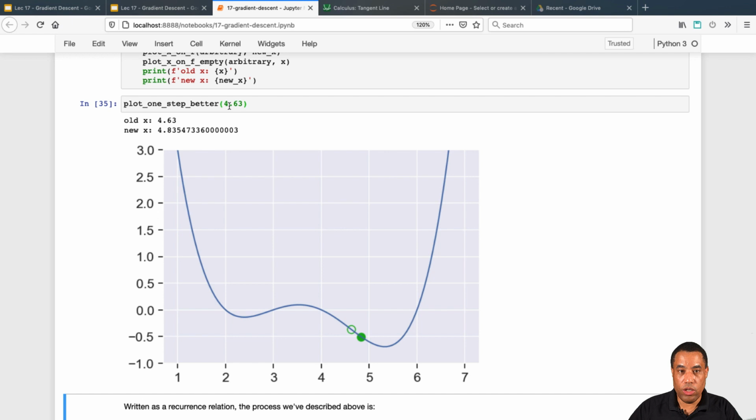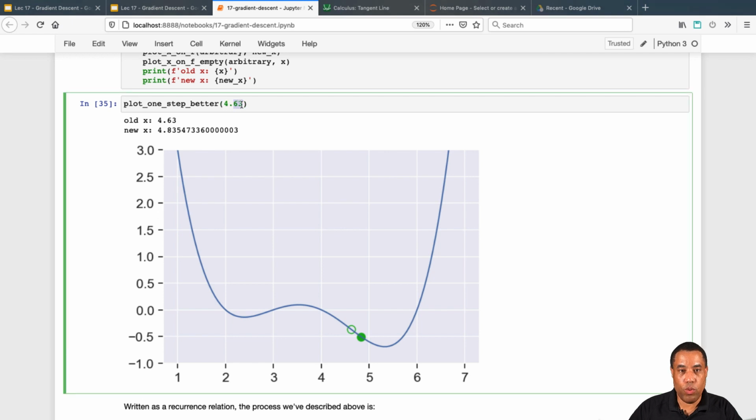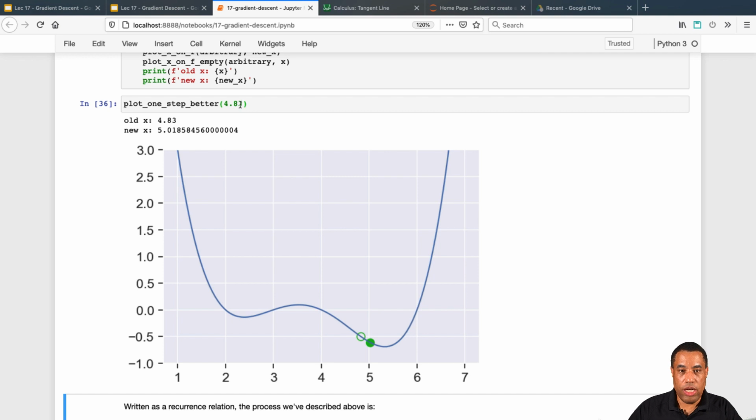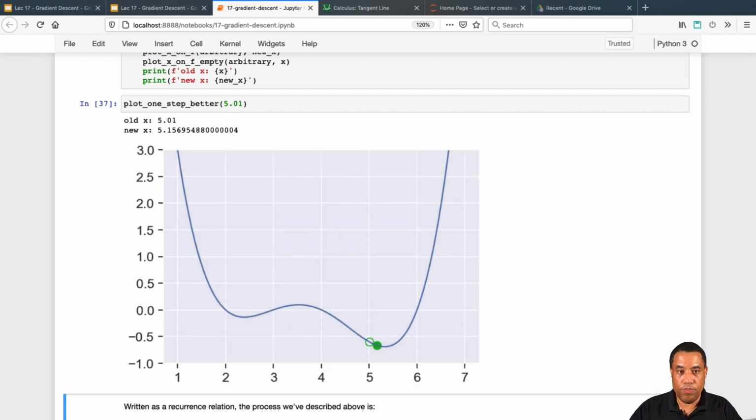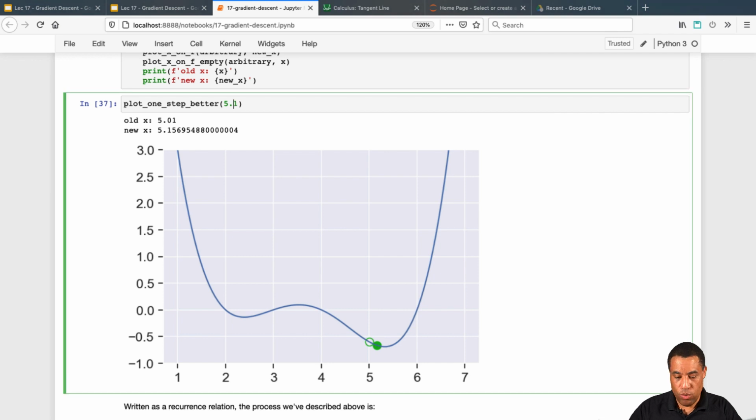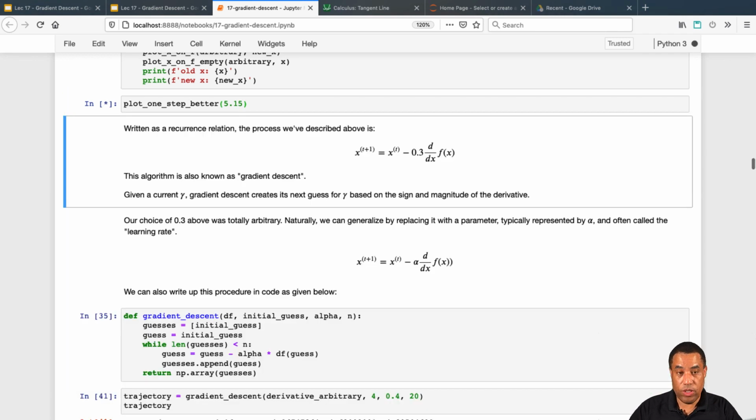All right, we're getting closer. 4.83 next. And now 5.01. And we're going to notice something here now. We're taking smaller steps even, right? Because our derivative here is going to be much smaller. And so now we're at 5.15.